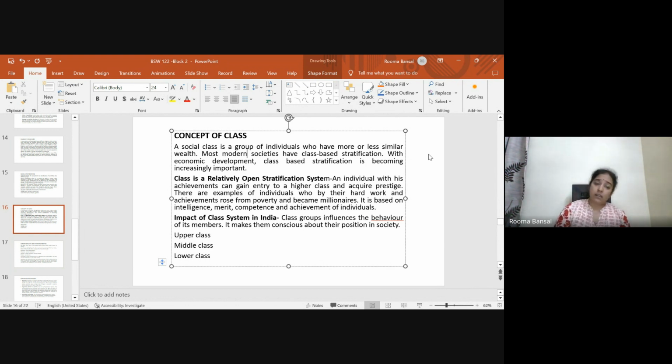Upper class: very rich families, industrialists, businessmen, famous lawyers. Middle class includes service class people or working people, normal middle class businessmen also, and lower class people who are hand to mouth, people who do not have good financial condition. They come under the lower class.